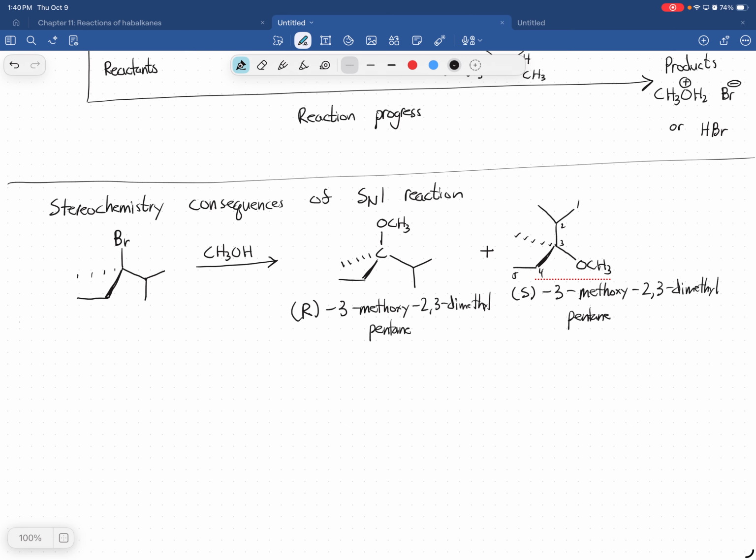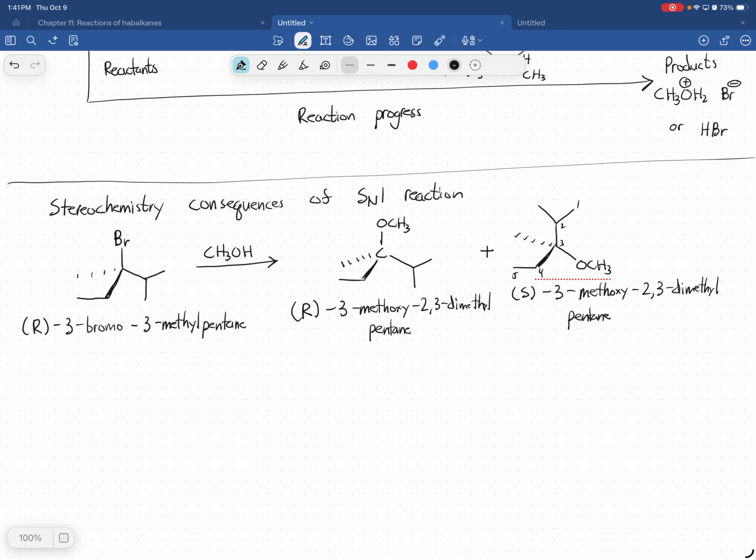That's R. Because it's a carbocation, you actually get two positions of possible addition.